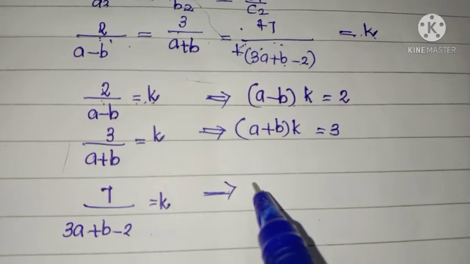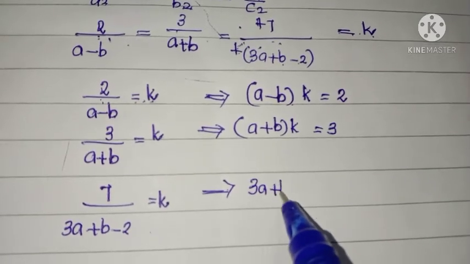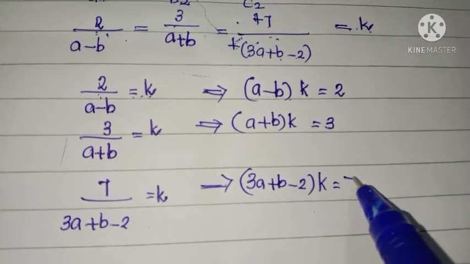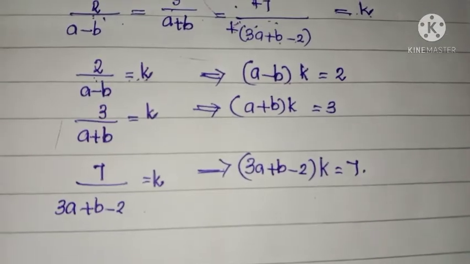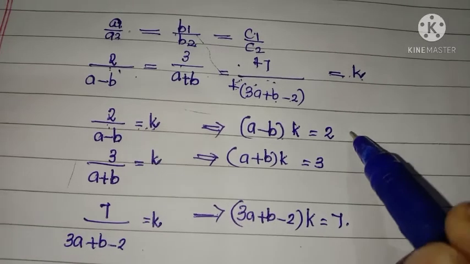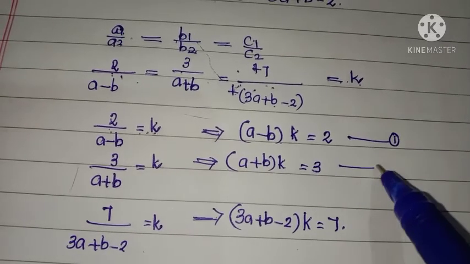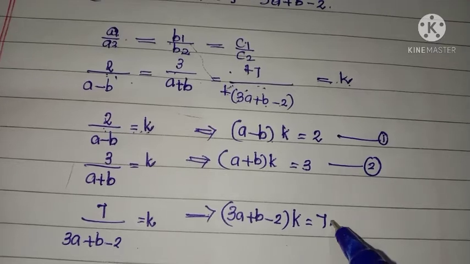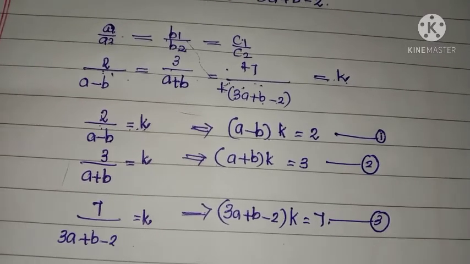Here (3a + b - 2) into k is equal to 7. Listen, put these two equations as equation 1 and 2, and this is equation 3.